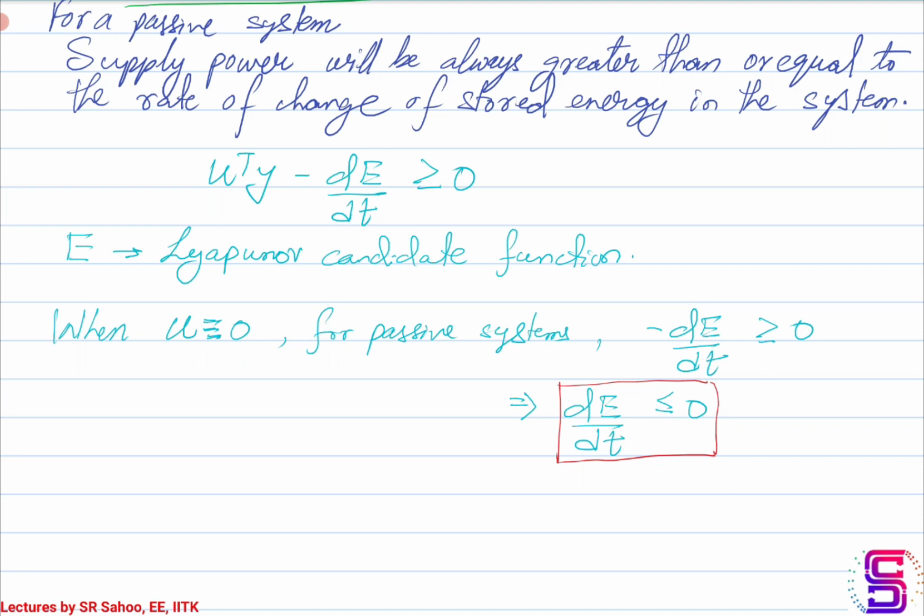Okay. So with this, passive systems are stable. Okay. In all our analysis, so you notice we are taking U transpose Y to denote everywhere.